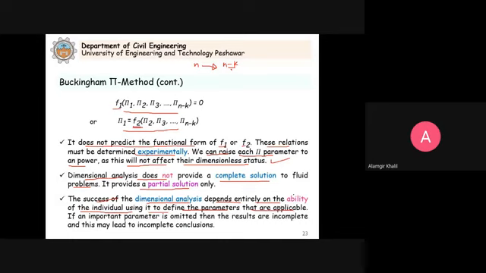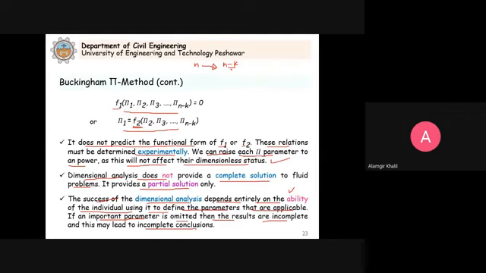So the success of the method depends on your ability to define the applicable parameters. If an important parameter is omitted, then the results are incomplete, and this may lead to incomplete conclusions.